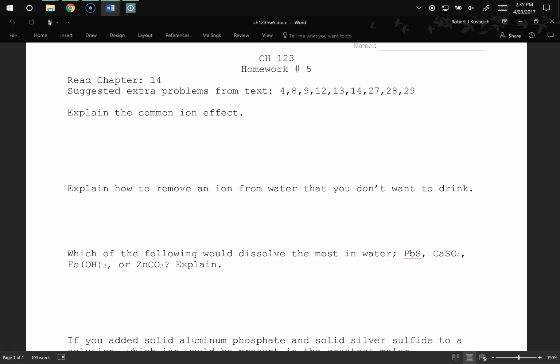Okay, what's our explanation for the common ion effect? You can add an ion to make something solid.